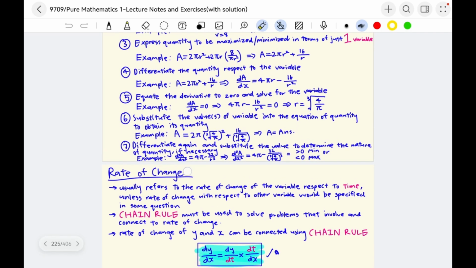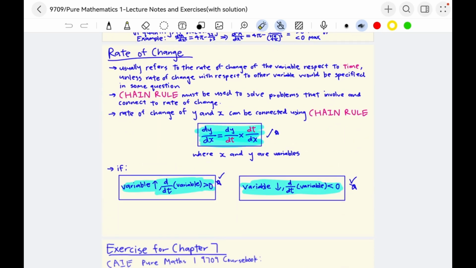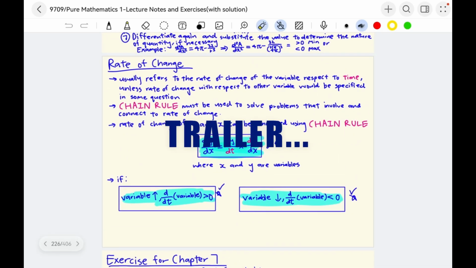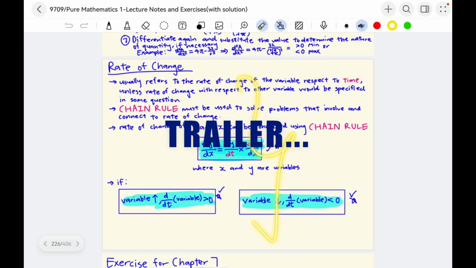However, here is a trailer for the next video. In the next video, we are going to enter the last subtopic of this chapter, which is rate of change. It is closely related to the chain rule. This subtopic is considered a short topic.